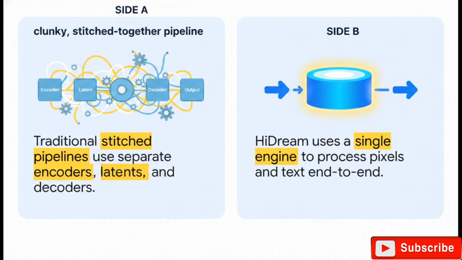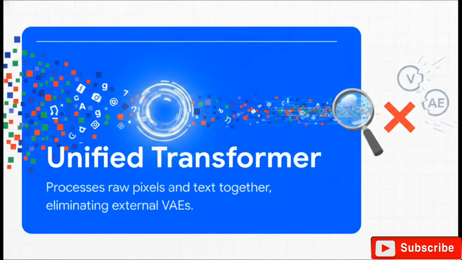Now compare that to HiDream-O1. It completely replaces all of that with a single engine, an end-to-end unified pixel-level transformer. Collapsing this stack is a total paradigm shift because it completely removes the middlemen. And that brings us to the UIT, or the Pixel-Level Unified Transformer. The core definition here is absolutely key. It's an architecture that processes raw pixels, text, and conditions together inside one single shared token space.